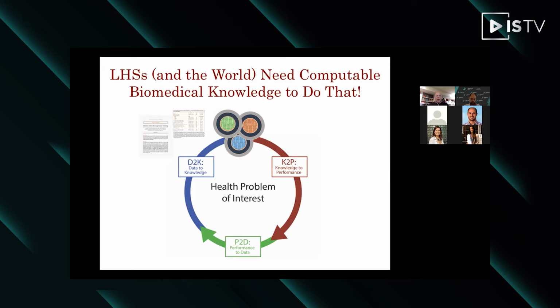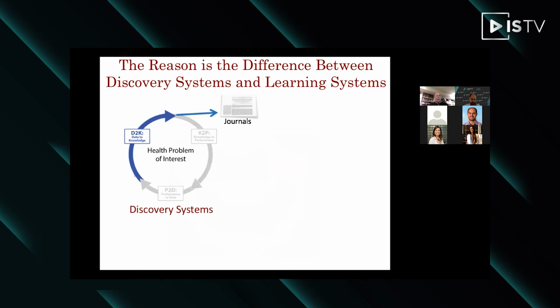So computable biomedical knowledge, I would submit to you, is needed to routinely jump across this gap and make these learning cycles continuous.